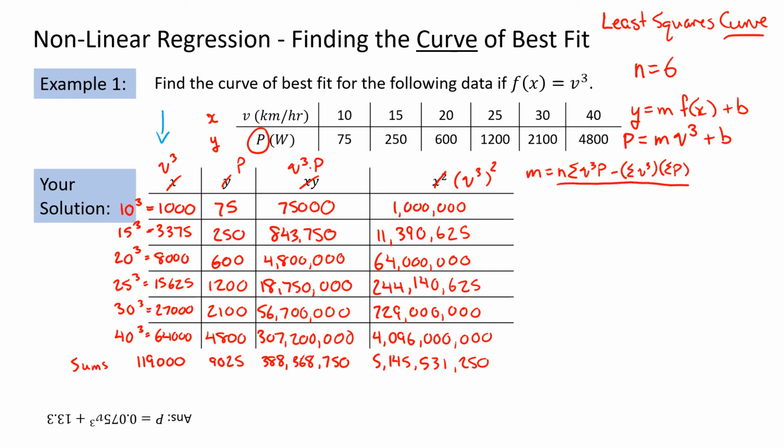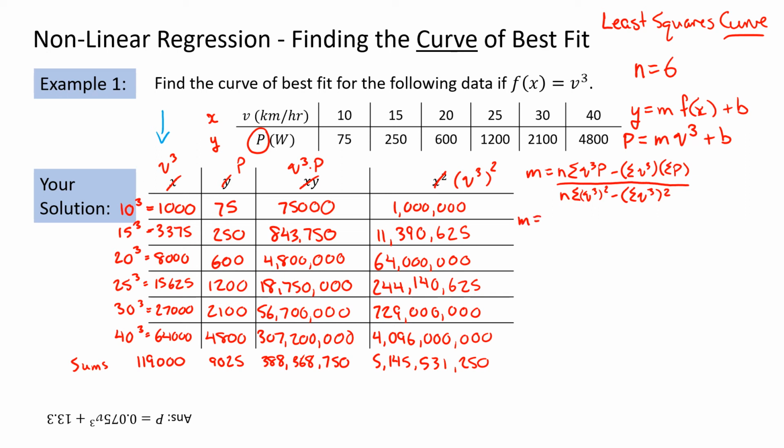And that's all divided by the number of data points times the sum of x squared, which in this case is v cubed, all squared, minus the sum of all of our x terms, which instead of x, it's v cubed, and that is all squared. Okay?